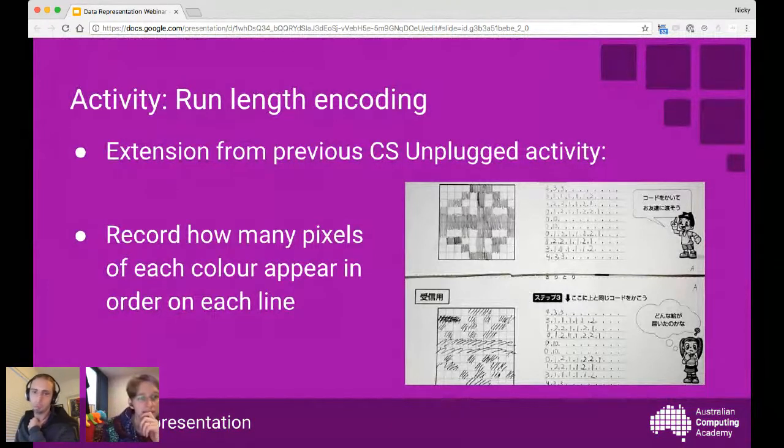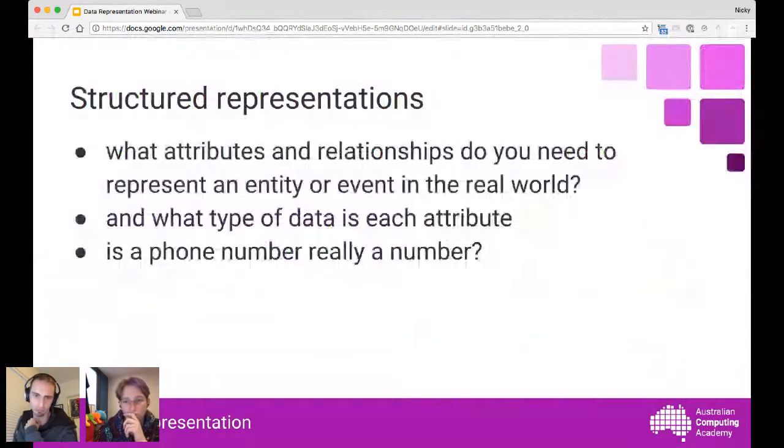Now, in addition to compression, the idea of structuring data is really, really important once we get to this year level. Understanding what attributes and what relationships between data are necessary to represent that entity in something like a game or in a software application is really, really important. And understanding too the type of data that you're storing, because if we think about phone numbers, we call them a phone number.